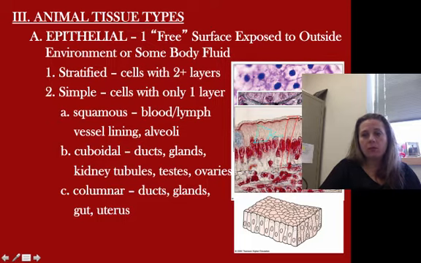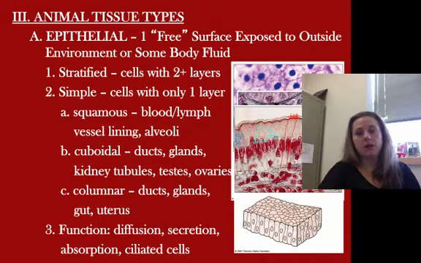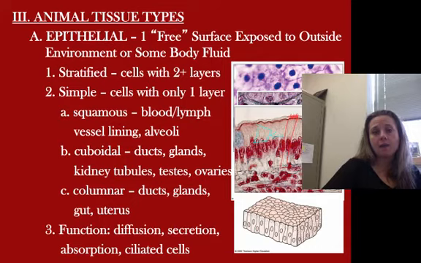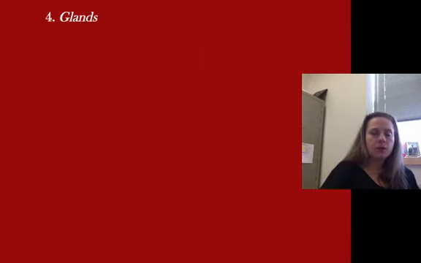We have columnar epithelials for moving materials, and they're usually very ciliated. The main function of our epithelial tissue is diffusion, secretion, and absorption, and it creates the ciliated cells that we have. So these are really important cells.